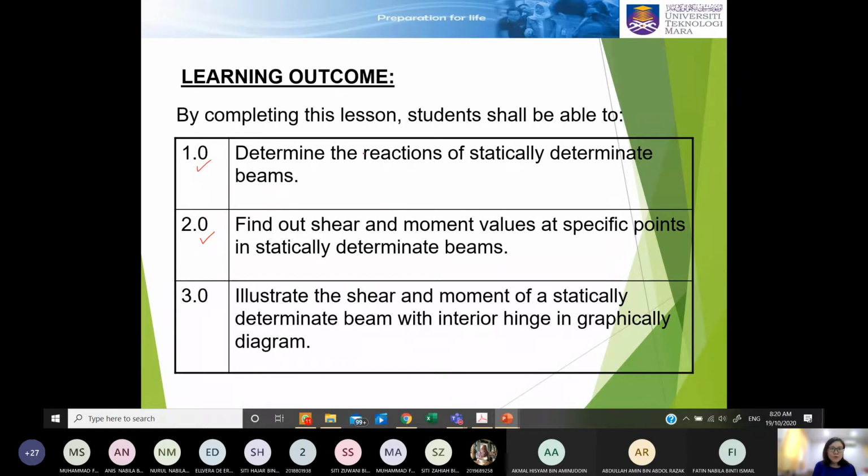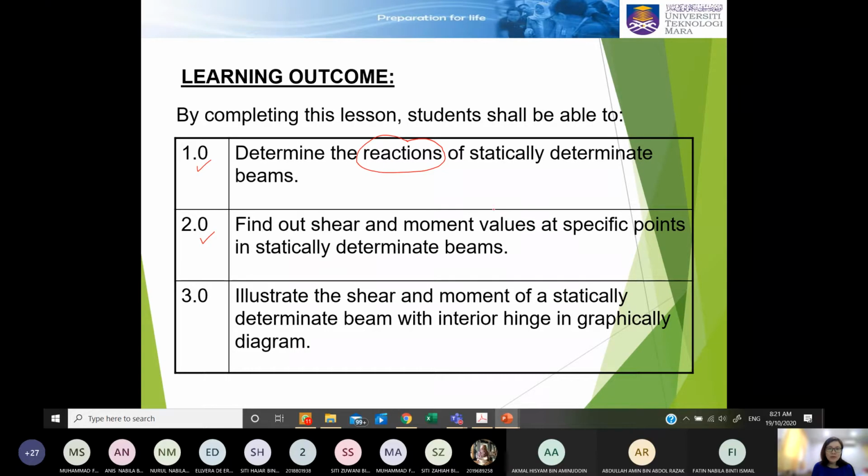First of all, you need to be able to determine the reactions of statically determinate beams. We use the equilibrium equations to solve the support reactions, and then we determine the shear and moment values.